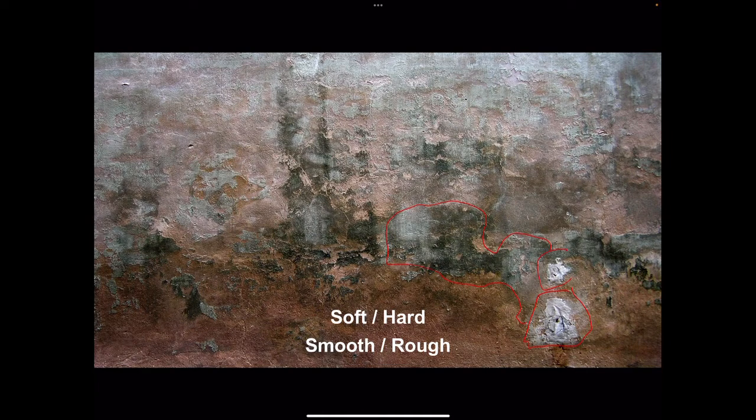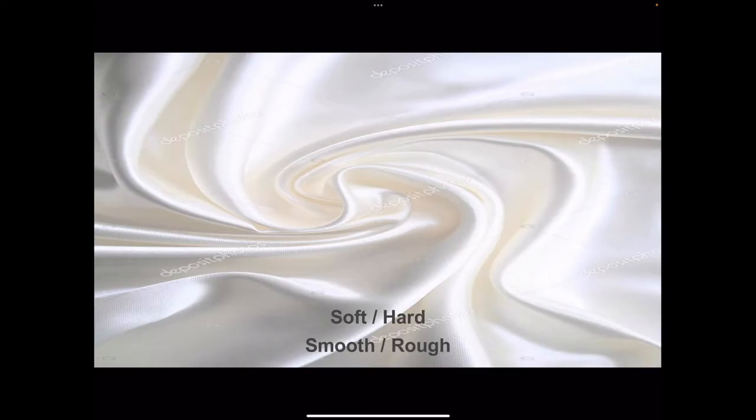So I know for a fact it's not soft, because floors or grounds or brick walls are hard objects. It cannot be broken easily, not by hand. And also for a fact I know it's not smooth. It's rough because I can see the objects here that are rough. It has small gritty particles. It's rough to the touch. It's not smooth, it's not nice to touch it.